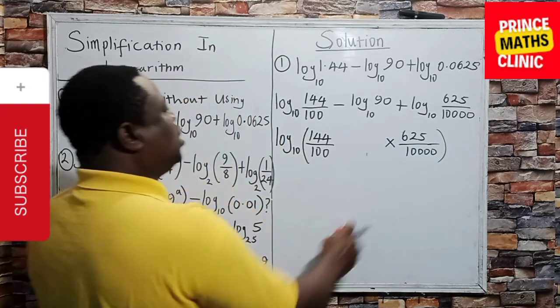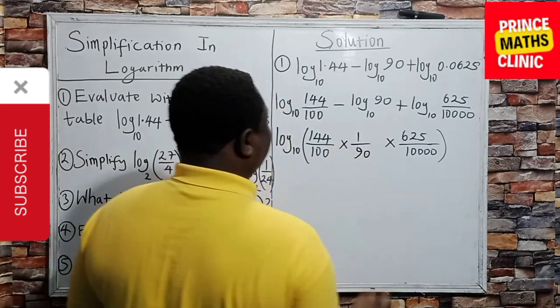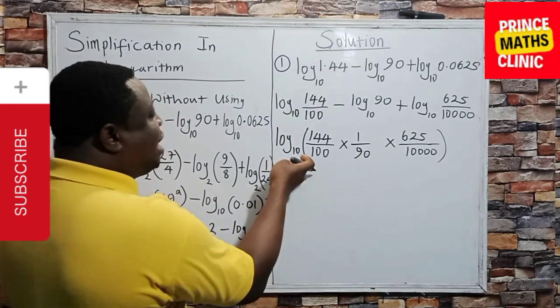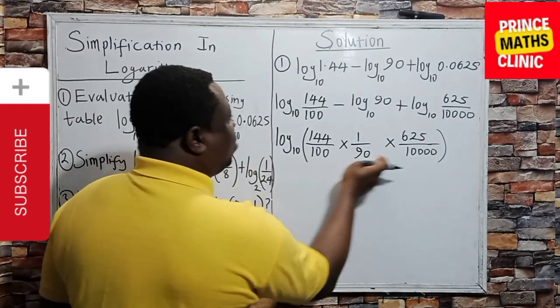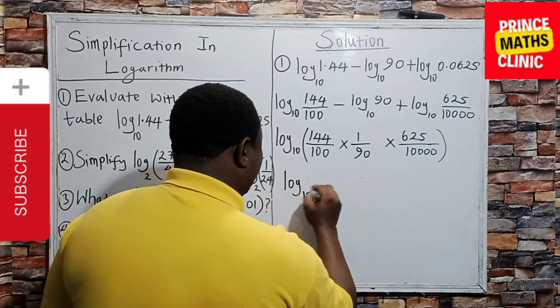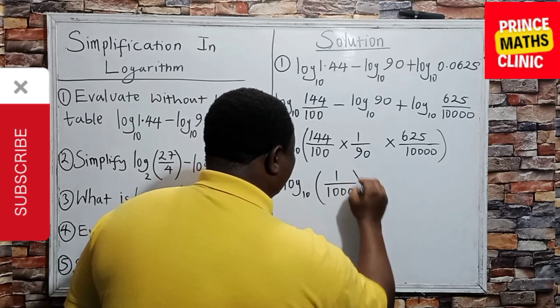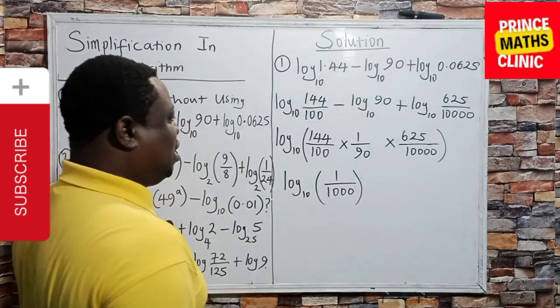So this now becomes times 1 over 90. When you multiply all you have here, you are going to have 1 over 1,000.